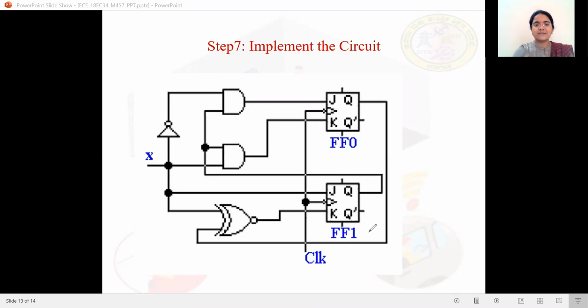After that, we provide the inputs to the flip-flops, consider the combinational circuit for the inputs, and provide the input variable. Then you will get your circuit. In this way we have to implement the circuit.